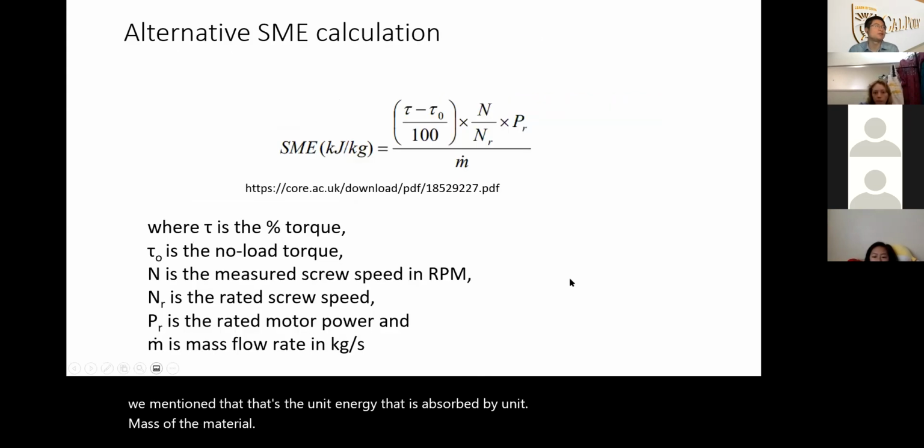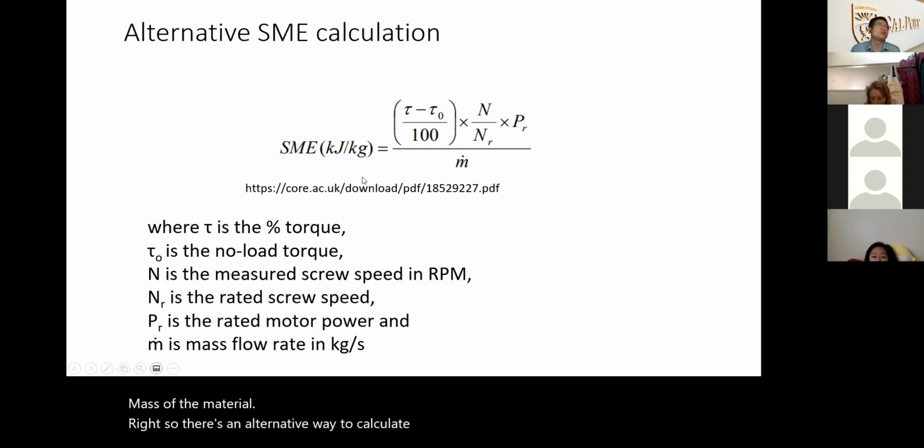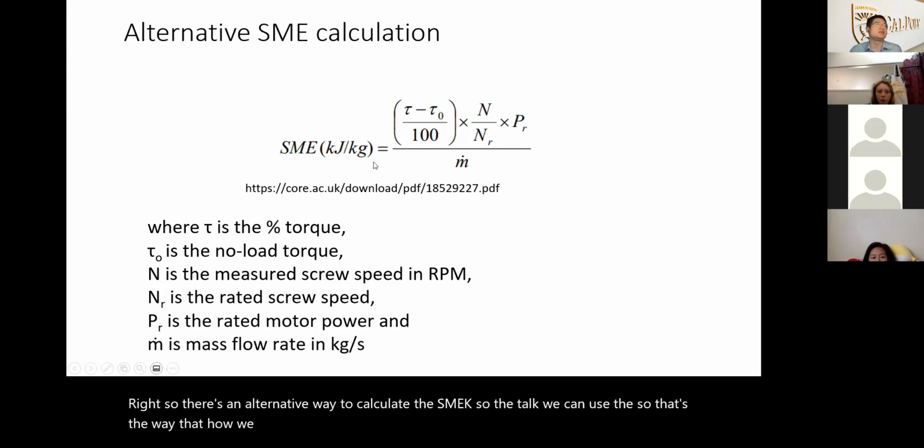Right, so there's an alternative way to calculate SME. The torque method is how we measure the SME, because our system is very nice and automatically calculates the SME for us.